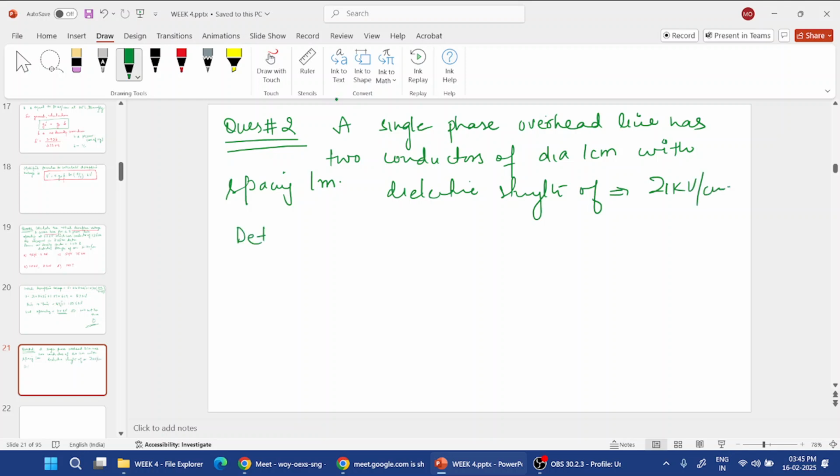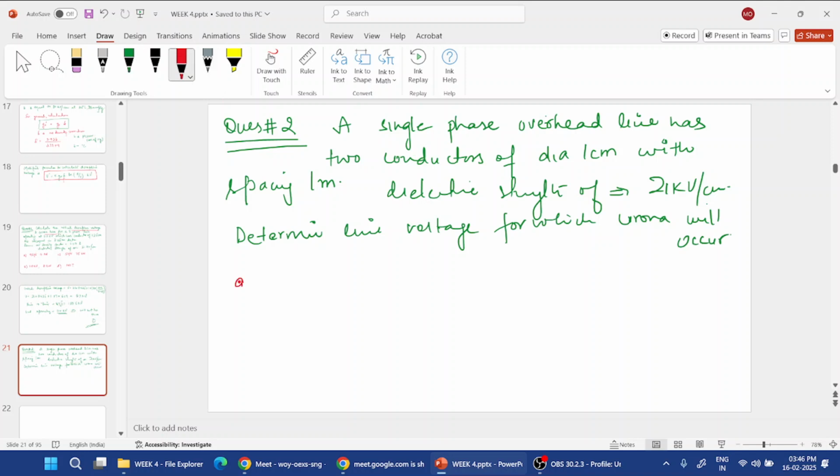Determine the line voltage for which corona will occur.